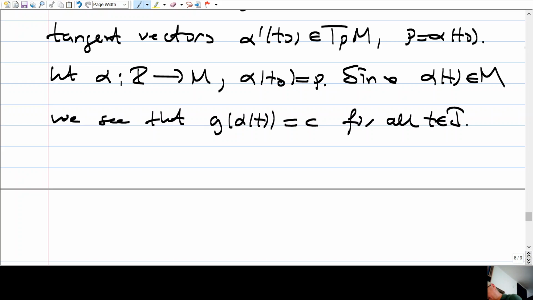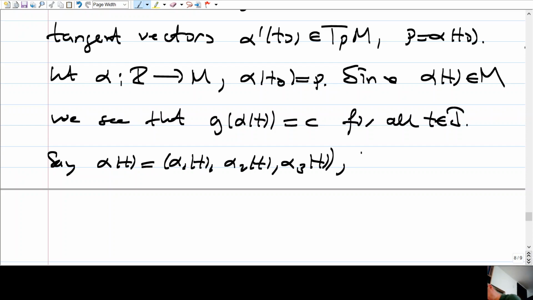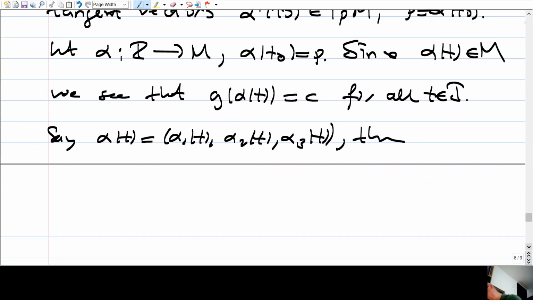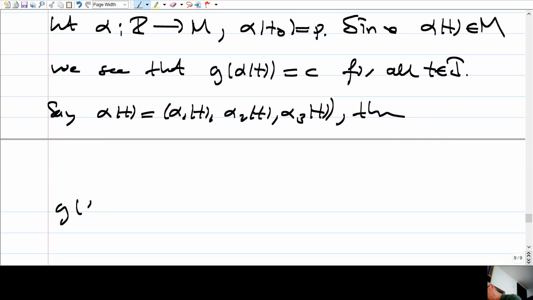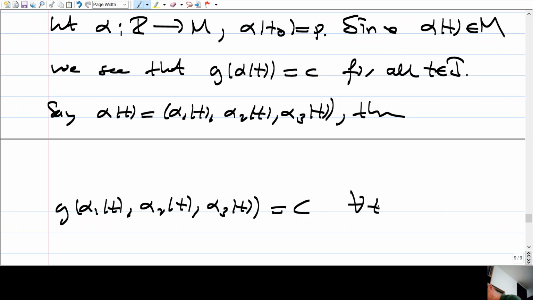Say alpha t has coordinates alpha 1 t, alpha 2 t, alpha 3 t. Then g of alpha 1 t, alpha 2 t, alpha 3 t is equal to c for all t in I.